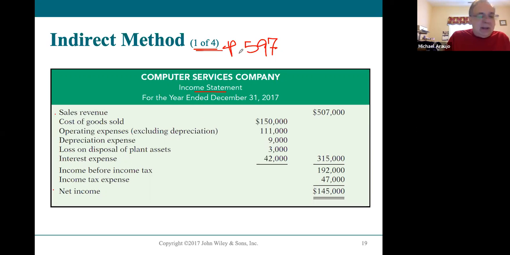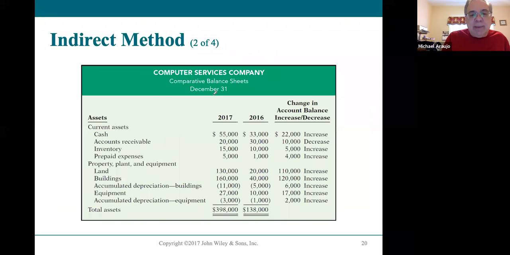So you'll need to look at page 597 for that. The income statement is the first thing. The next thing you're going to need, also on page 597, is the comparative balance sheets.